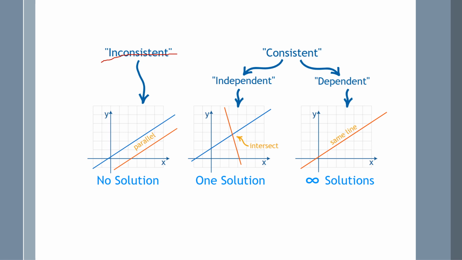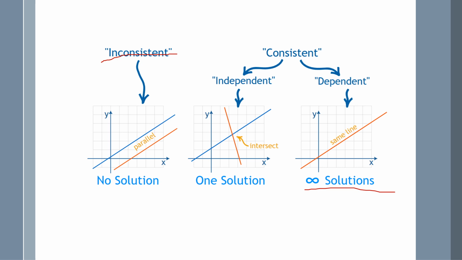Because it's independent, meaning the graph corresponds once, it's consistent. You have one solution. However, if you have more than one solution, that means that both graphs are on the same line and they depend on each other.